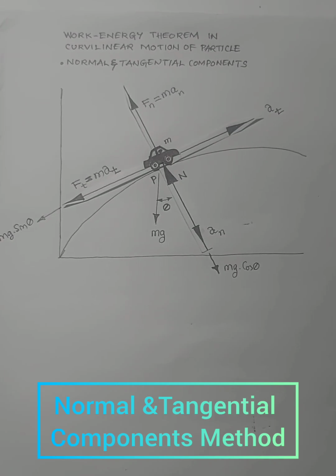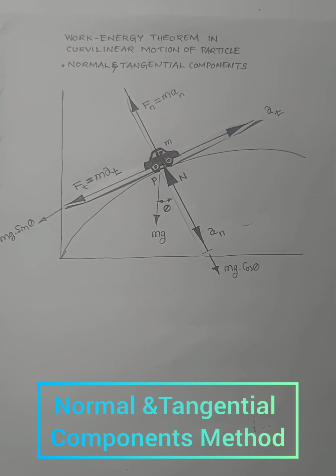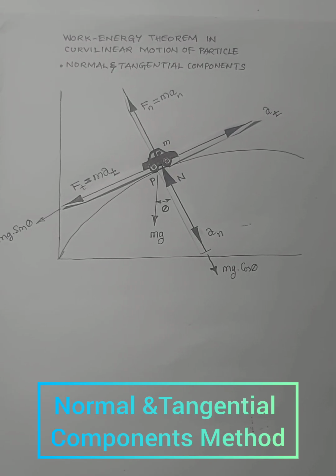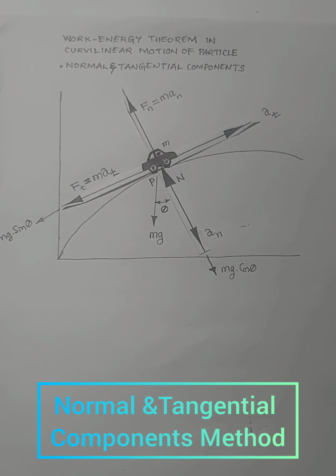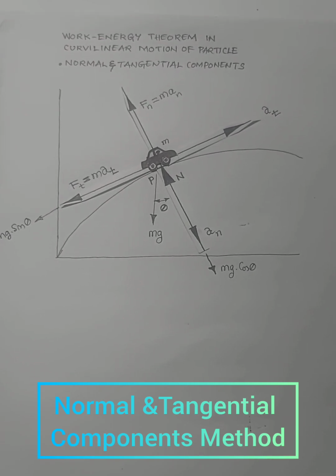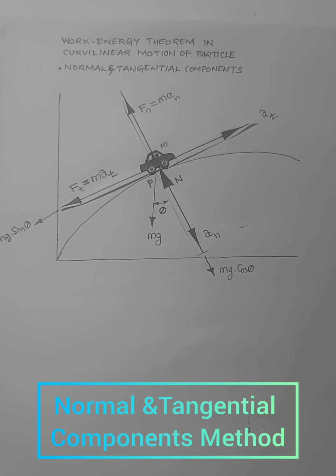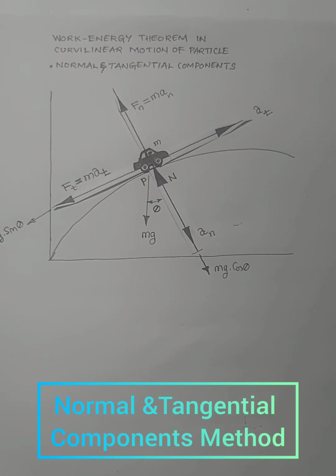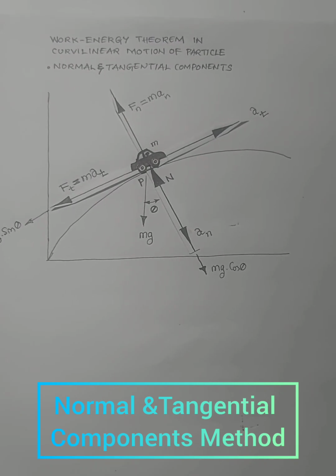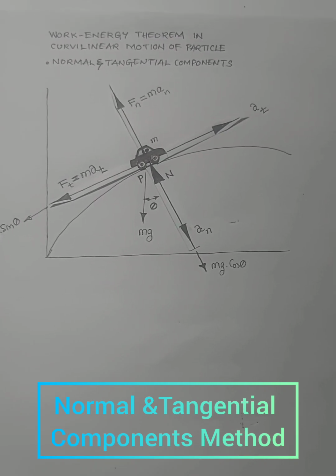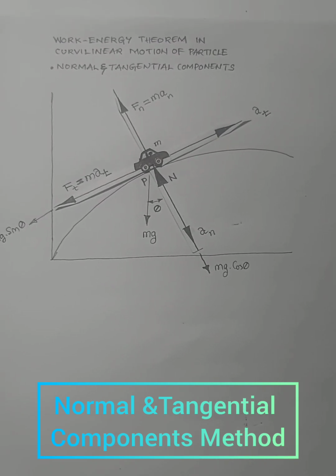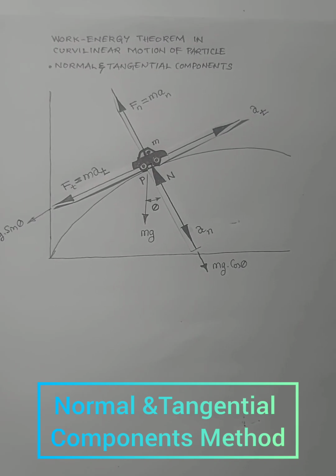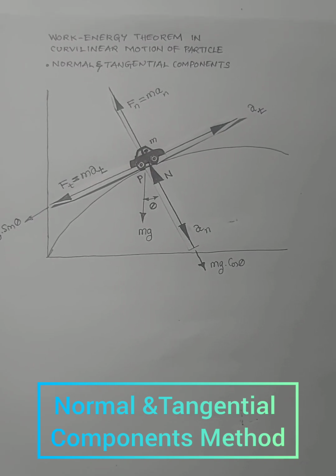Because the directions of centrifugal force Fn equal to man and normal reaction force are opposite to normal acceleration, and mg cos theta is directed along the normal acceleration direction. So we consider mg cos theta as positive.